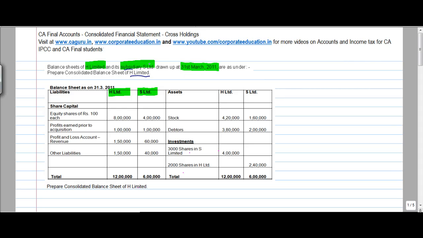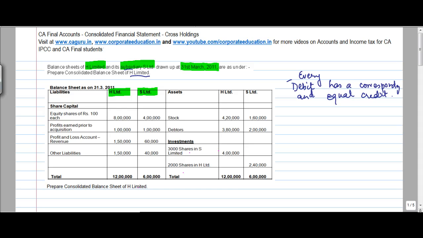Now, please note the golden rule of accounting. Whenever you are preparing a consolidated balance sheet, the golden rule of accounting has to be remembered, which is that every debit has a corresponding and equal credit.